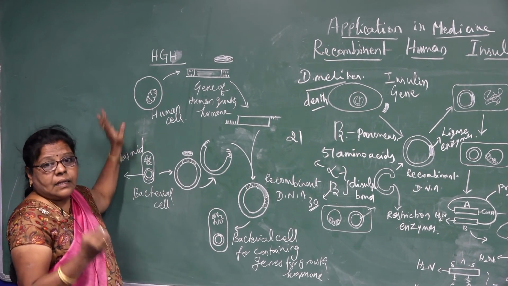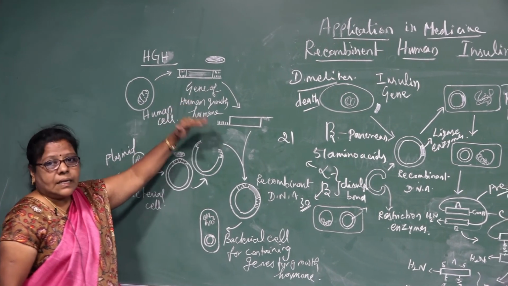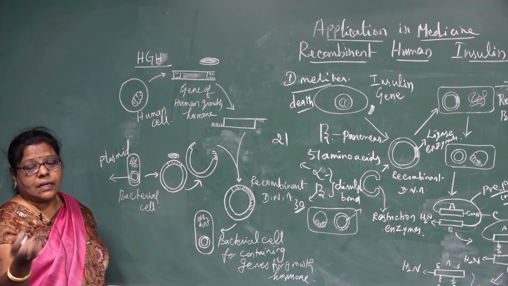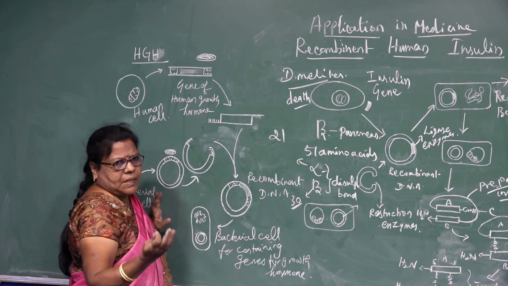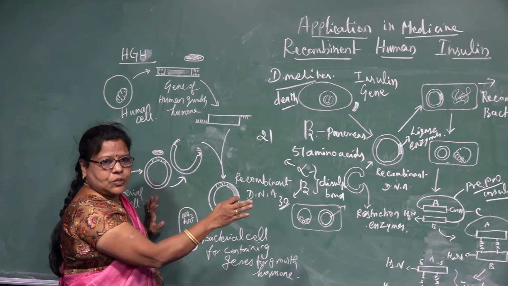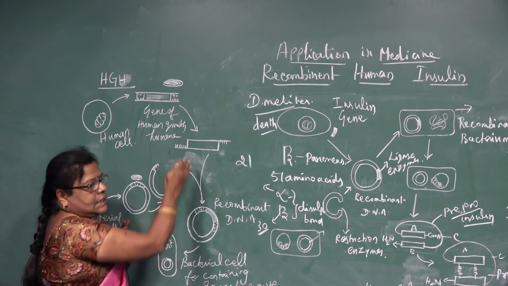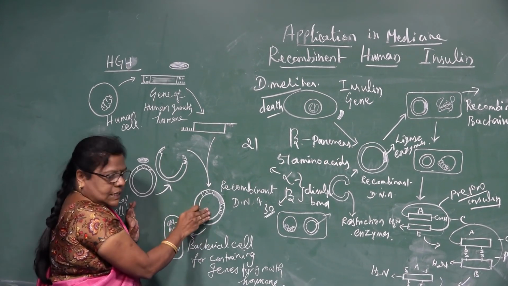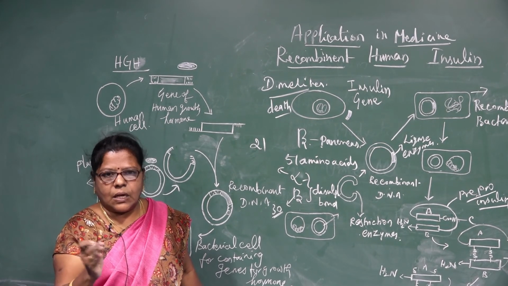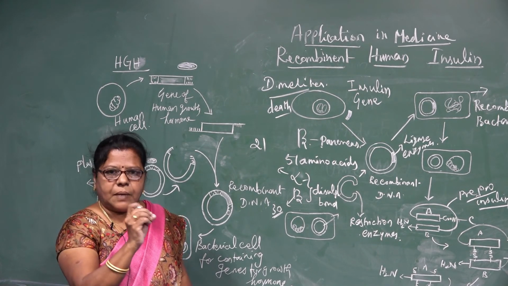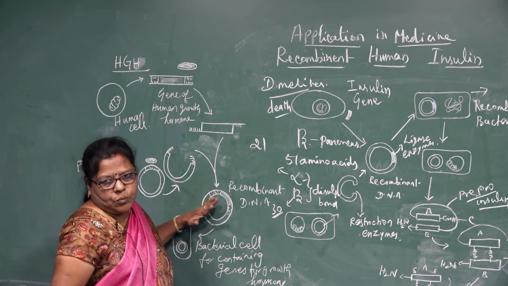In this technique, the gene is extracted from the pituitary gland and transferred into the E. coli bacterial cell. With the same method we followed in insulin production, here also the plasmid is used as a vector, the gene is transferred to the plasmid, and this plasmid is introduced into another bacterium. The bacterium is used as a recombinant bacterium. From that bacteria, the amino acids are extracted and the growth hormone is produced.